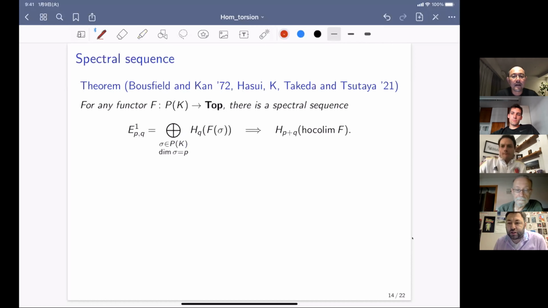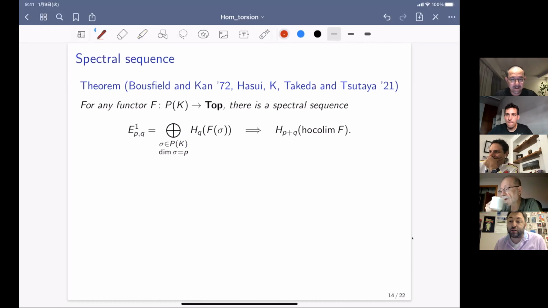I just had a question. So when you're saying it's the hocolimit, is it really the case that it's the colimit of this functor, and then the colimit and the homotopy colimit are homotopy equivalent, or no? Not necessarily they are homotopy equivalent. Okay, so you're really saying it's the homotopy colimit.